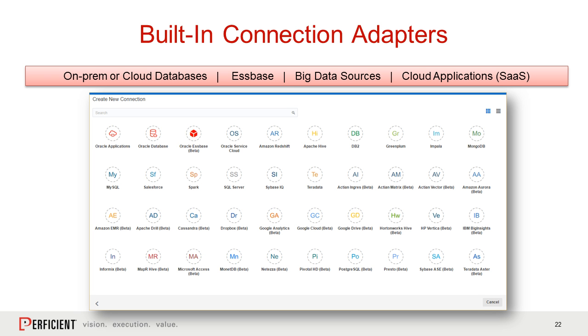Space is a very key connection here, and that has been recently made available. A very important connection if you're in finance and you're doing financial close. People use Space heavily. So the fact that we can now access Space from data visualization is a great addition.